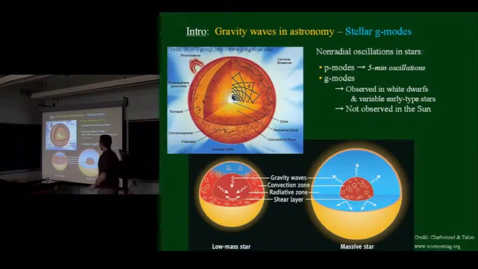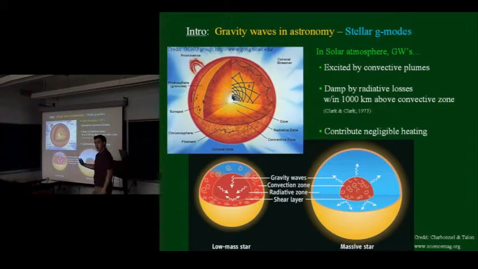So in the sun, due to the high temperatures, it's actually radiative losses that totally wipe out these waves within the first 1,000 kilometers or so above the surface of the convective zone. And here, again, they contribute negligibly to the heat budget of the atmosphere.